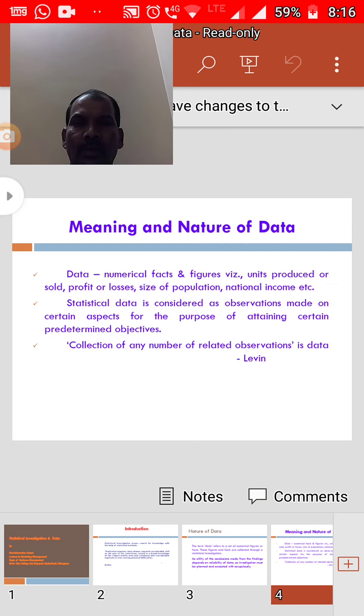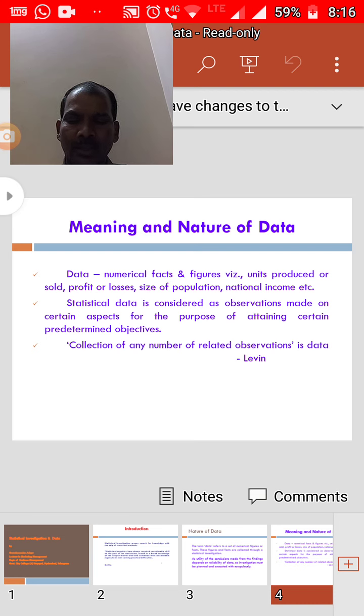Next, we have meaning and nature of data. As we have discussed in the first slide, data is nothing but numerical facts and figures, namely the numerical facts may be units produced or sold, profit or losses, size of population, national income, etc. Statistical data may be treated as observations made on certain aspects for the purpose of attaining certain predetermined objectives.